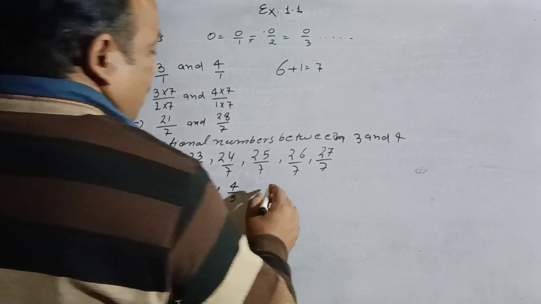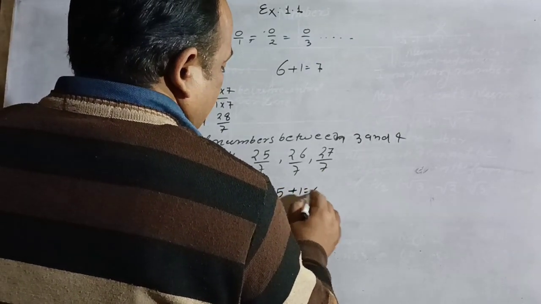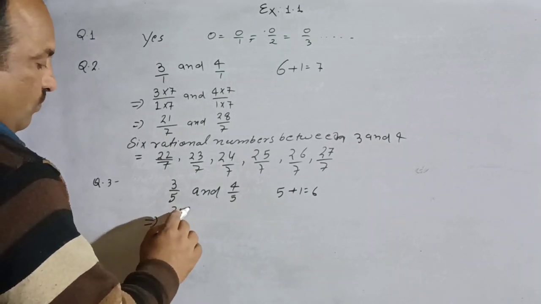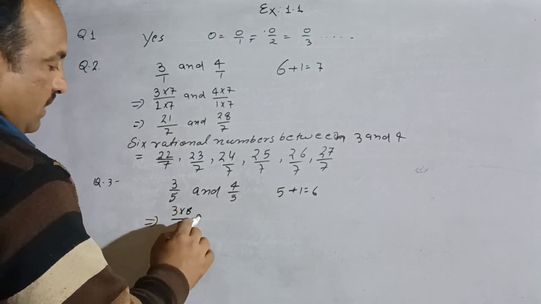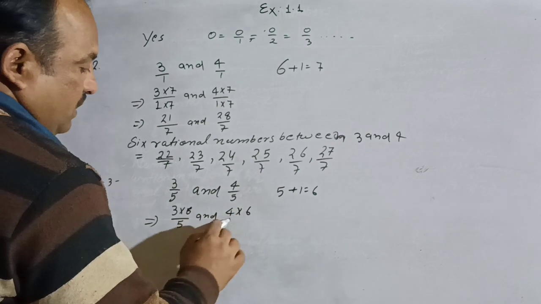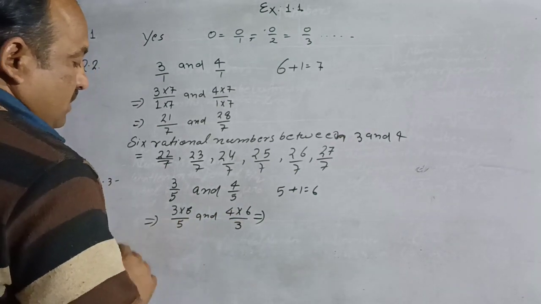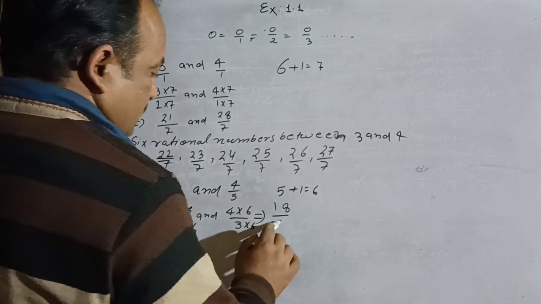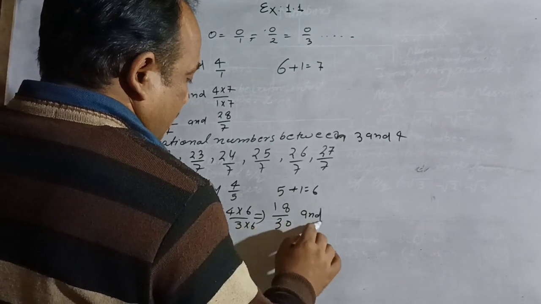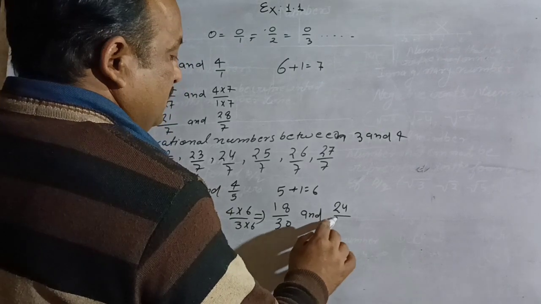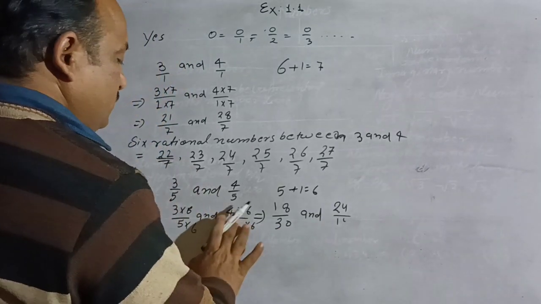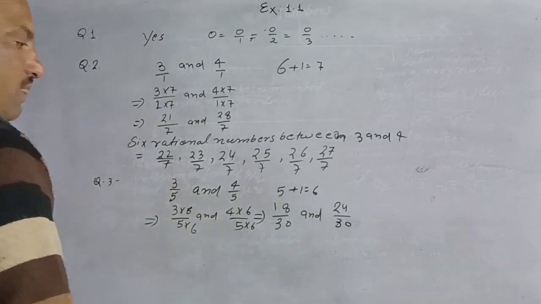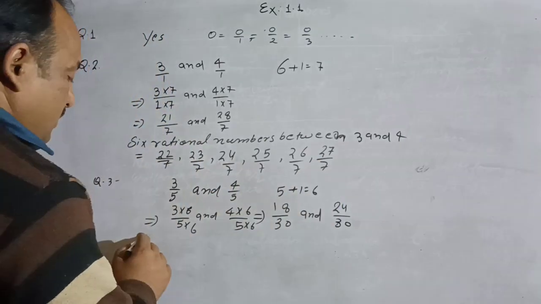To find 5 rational numbers, we multiply numerator and denominator by 5 plus 1, that is 6. So 3 into 6 upon 5 into 6 and 4 into 6 upon 5 into 6. We get 6 threes are 18 upon 6 fives, 30, and 6 fours are 24 upon 6 fives, 30.